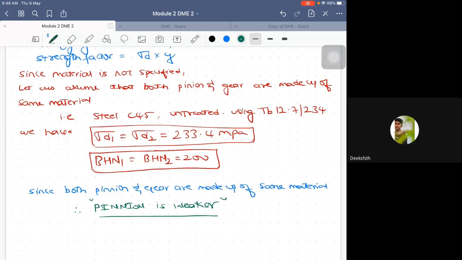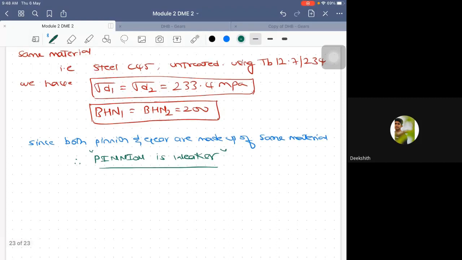When both the materials of pinion and gear are the same, you can directly come to this conclusion. So hence you can write, hence the design is based on the pinion.